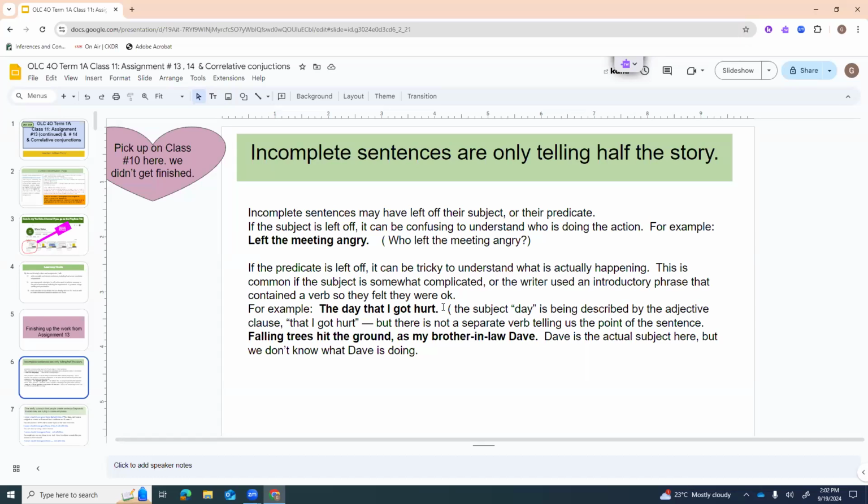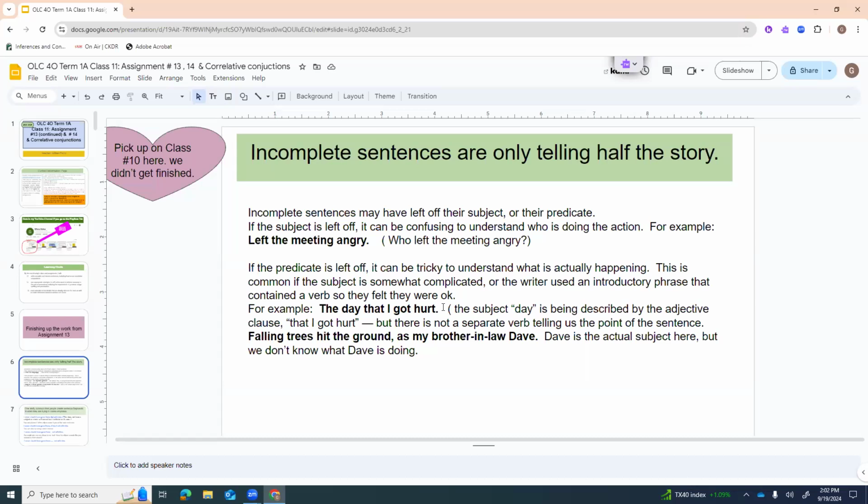So for example, if I said, "The day that I got hurt," the subject is day here, and it's being described by the phrase "that I got hurt." But that's not actually a separate verb telling us the point of the sentence, unless that's what you were trying to tell us. And then you could say, "The day I got hurt, that day..." You'd have to change the sentence around for that to be a proper sentence.